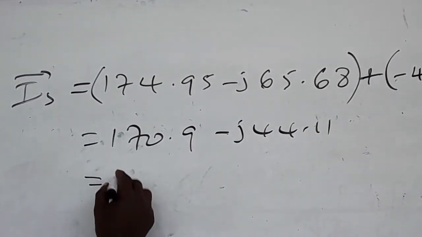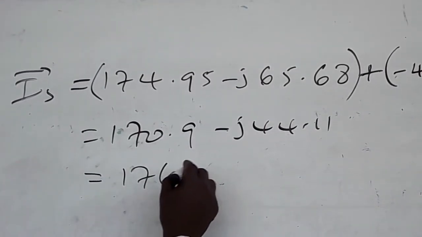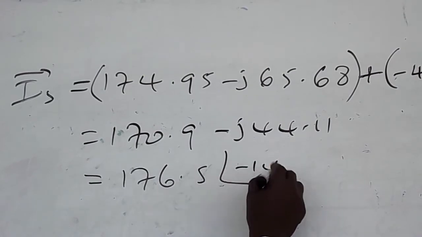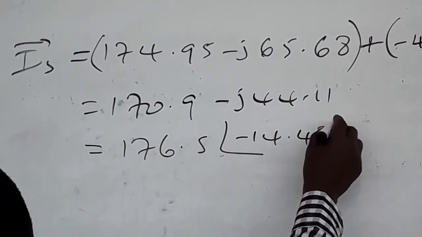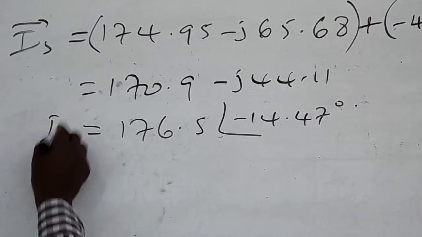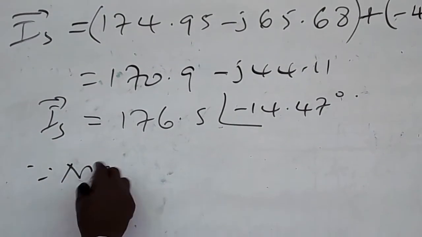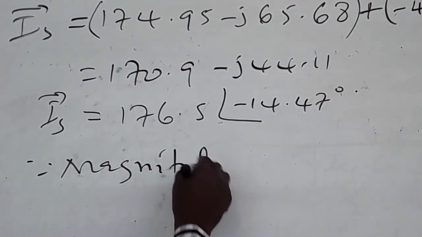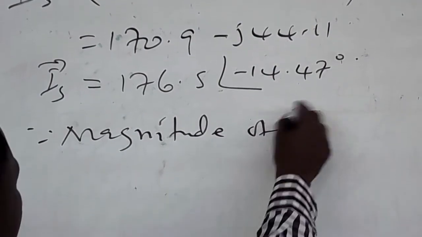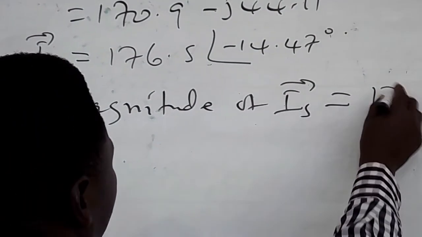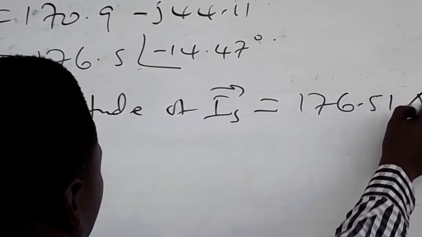So this also gives us 176.5 at an angle of negative 14.47 degrees. That is IS. So you can see that the magnitude of IS equals 176.51 amperes.